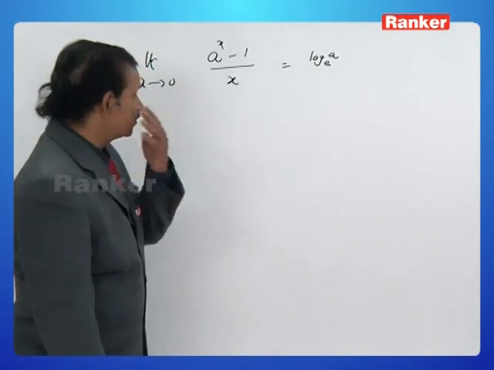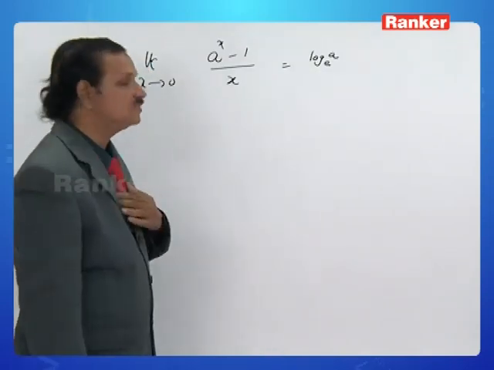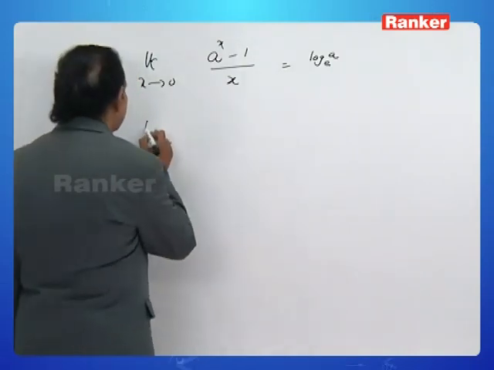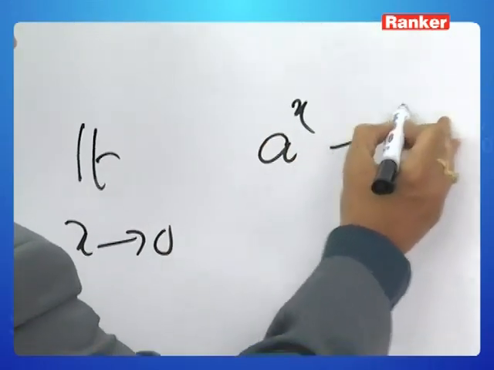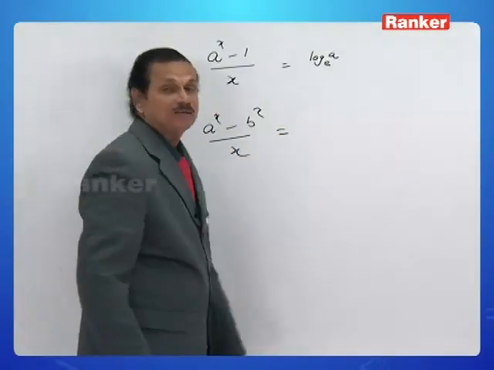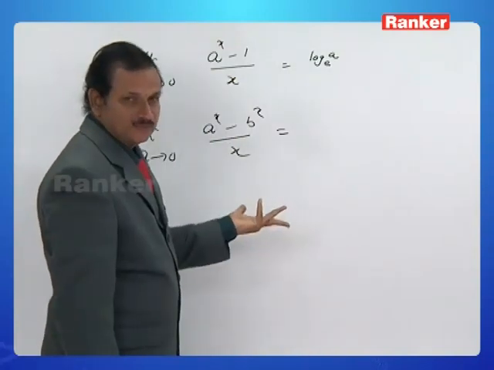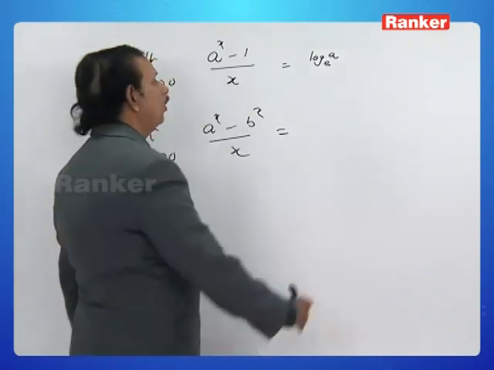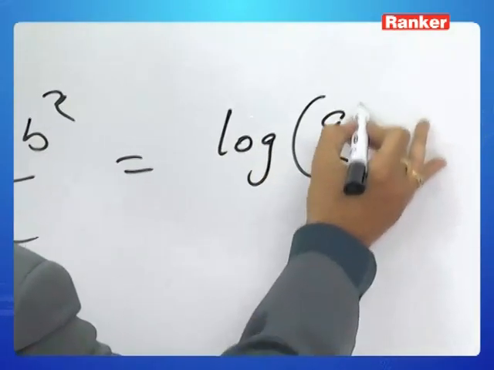Limit as x tends to 0 of (a^x minus 1) by x is log a to the base e. And similarly, limit as x tends to 0 of (a^x minus b^x) by x can be taken as, come on, can you guess? Minus 1, you can offer (a^x minus 1) minus (b^x minus 1) by x. So it is log a minus log b or log (a by b) to the base e.